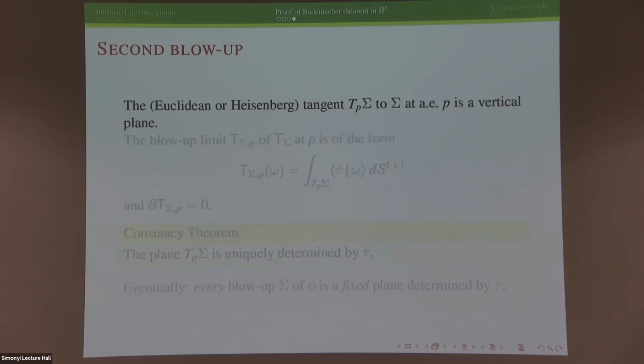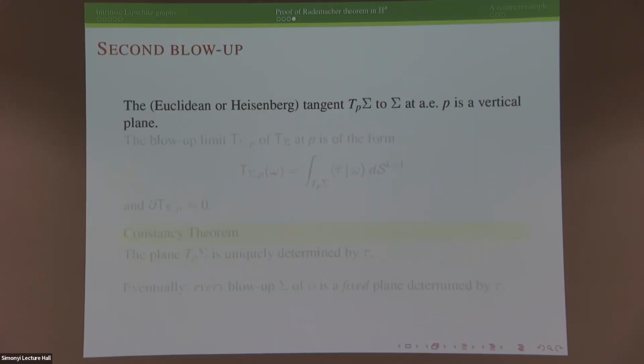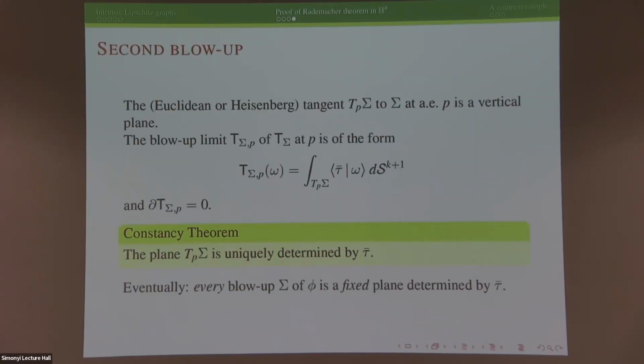So in this picture, there is just one choice for this plane, which means that there is just one choice for this sigma, the plane determined by tau bar in a unique way.